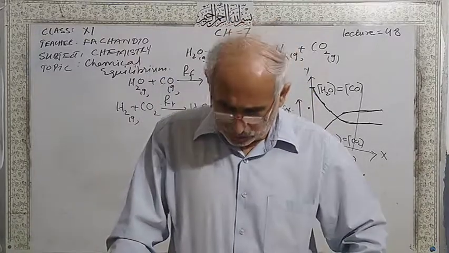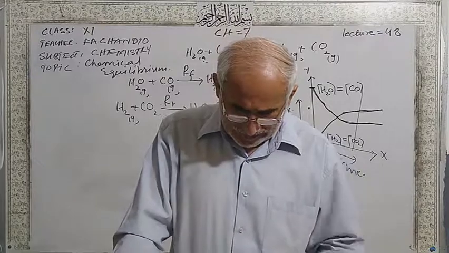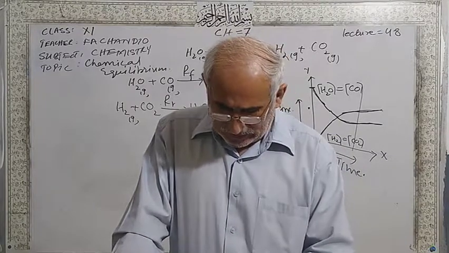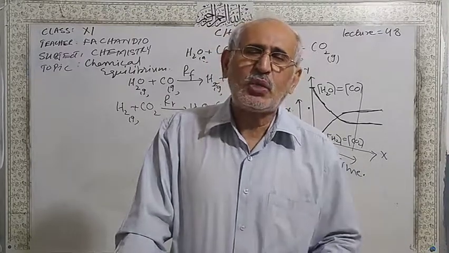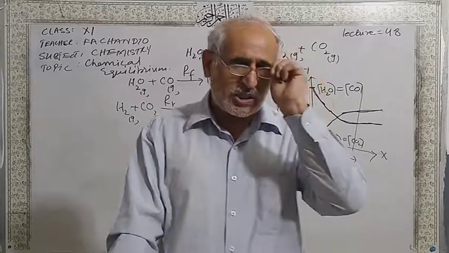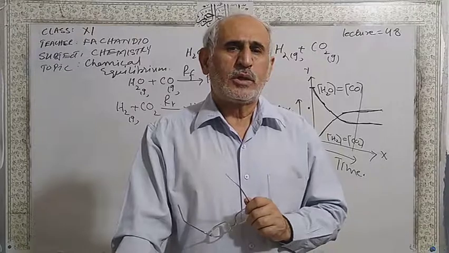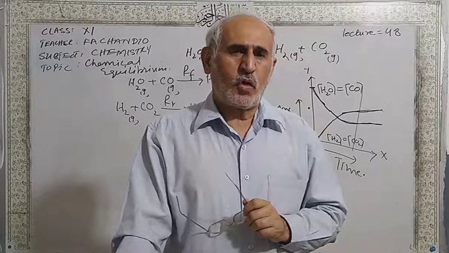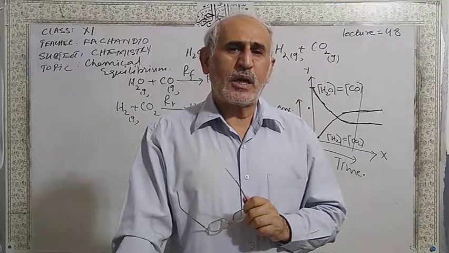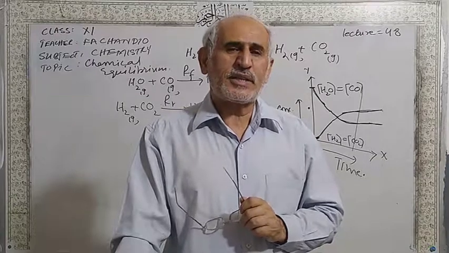On the microscopic level, there is an excited activity. Individual molecules continue reacting. The only difference is that the rates of both steps, forward and reverse, are the same, 100% the same.